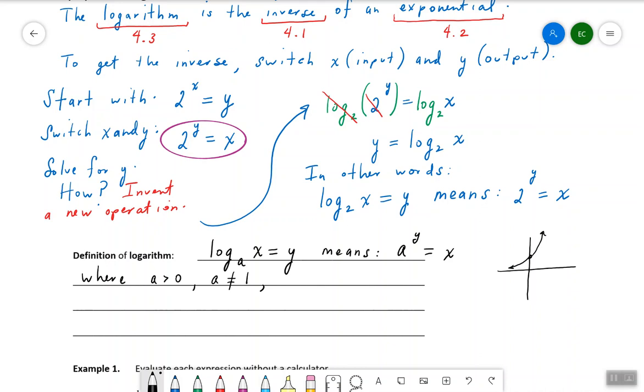Something like that, where the output is always positive, so then x must be greater than 0. Y, the output from the logarithm, is the same as the input to the exponential. The input to the exponential is any real number.